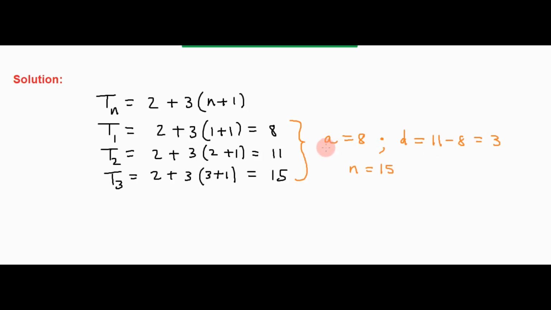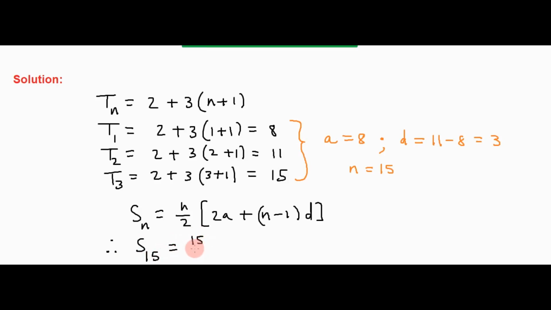So now that we have the values of A, n, and D, we simply use a sum formula to find the sum. So S sub n equals n over 2 into 2a plus n minus 1 times d. And we want S sub 15. We have 15 terms. So plugging in 15 for n, we know that A is 8. 15 minus 1 is 14.